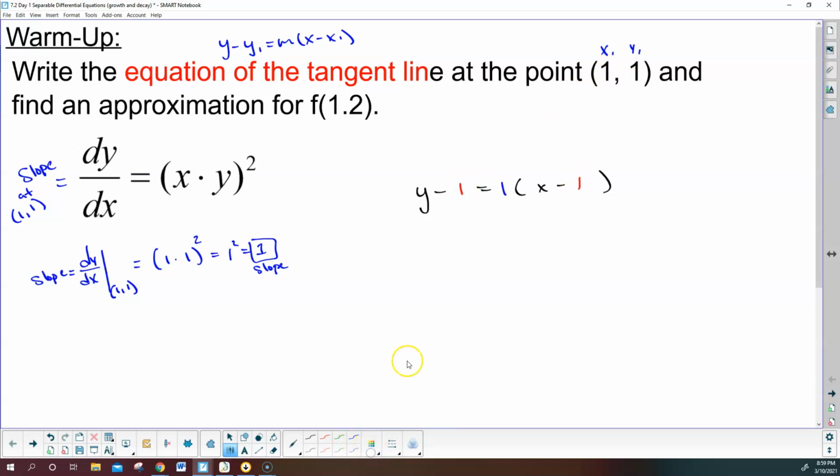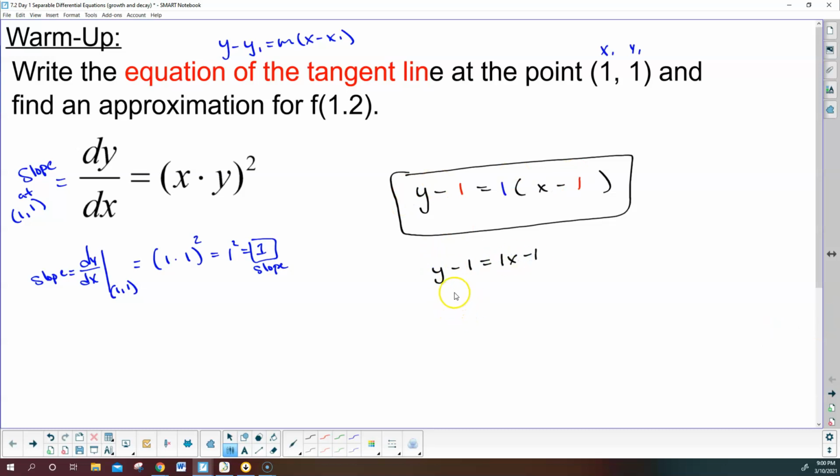Now, make sure you follow the colors here. You could distribute this and solve. Honestly, I'd tell you to stop right here. Completely acceptable answer. If you went further, then you see that those values reduce out.